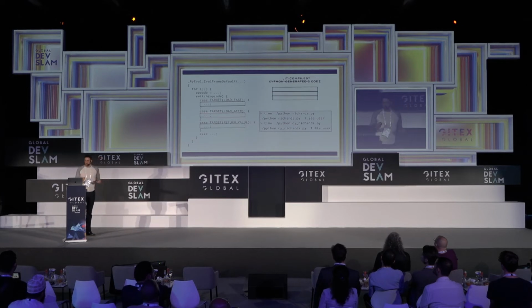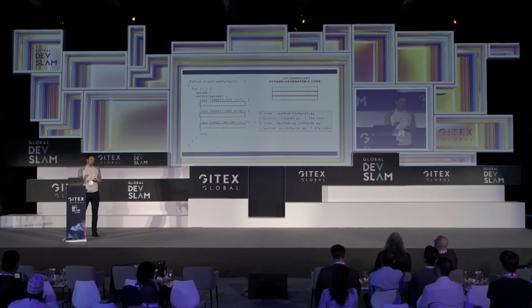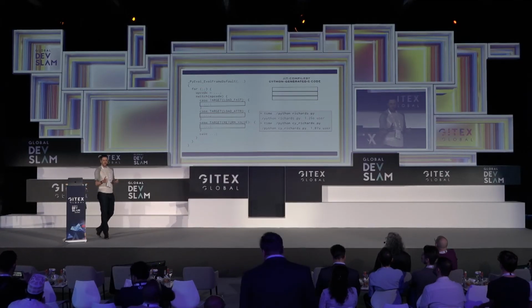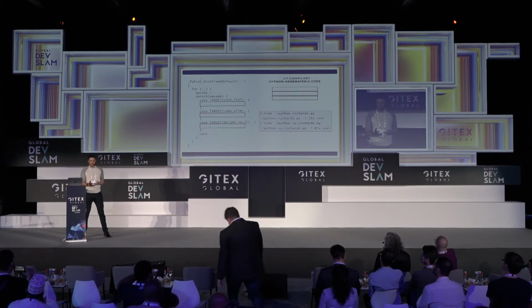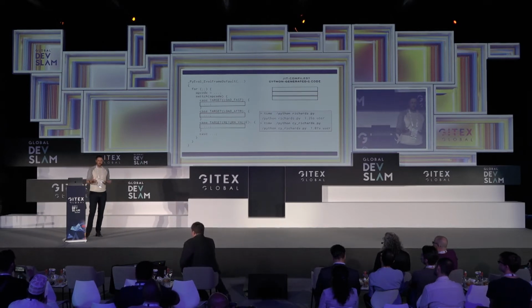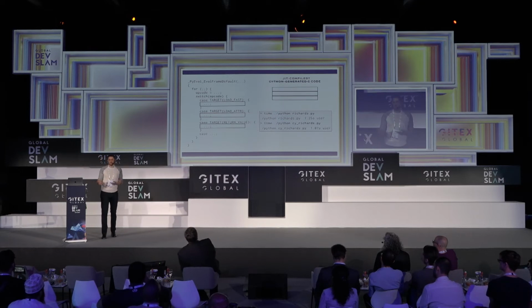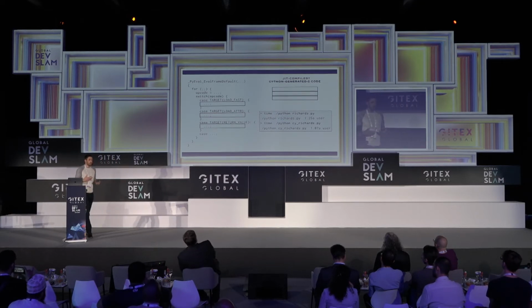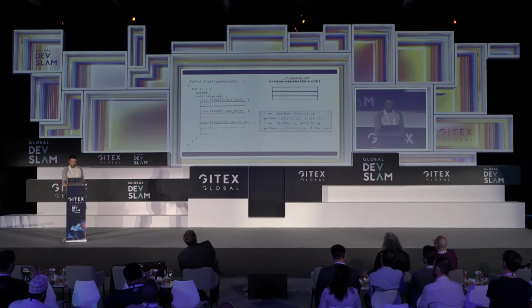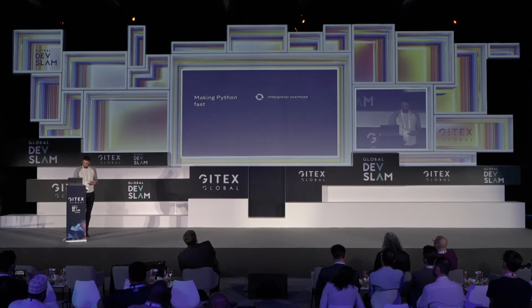So speaking as someone who works on a Python JIT compiler, I can tell you this is definitely not true. If we build a very simple JIT compiler that just takes these same operations and compiles them down to machine code, just like Cython, we'll gain 10 to 15%, but nothing more. So we need to use more advanced techniques in our JIT compiler if we want to really make it fast.